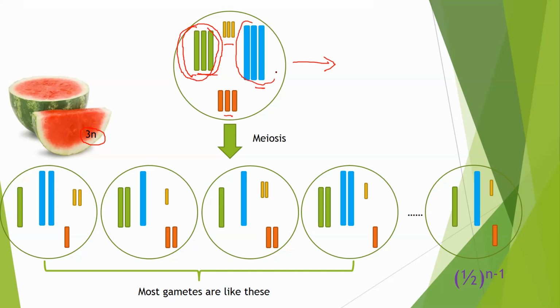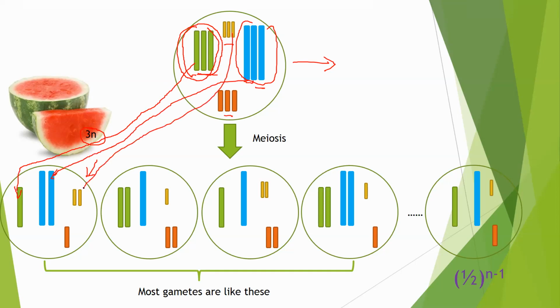Probably this is one possible gamete, and only 1 copy of the green chromosome comes to this gamete. But look at the blue one. Unfortunately, 2 copies of the blue chromosome come to the same gamete, and the same thing here, and one copy here.